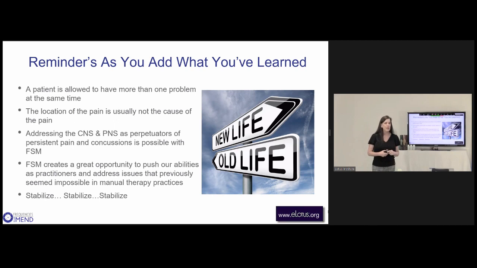So when we use FSM, we have just this great opportunity to push our abilities, which is exactly what happened for me, because now all of a sudden, my impossible cases, it's like, you know what, there's probably an answer for this if I investigate it and I can actually see what happens with these frequencies. So we want to just go back upstream. I can ask the question and I bet I can deal with this.